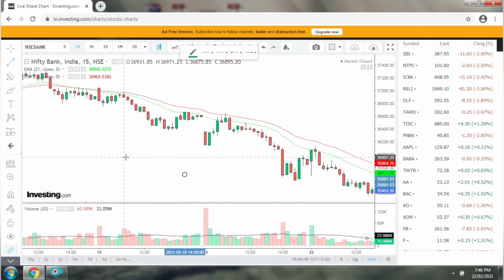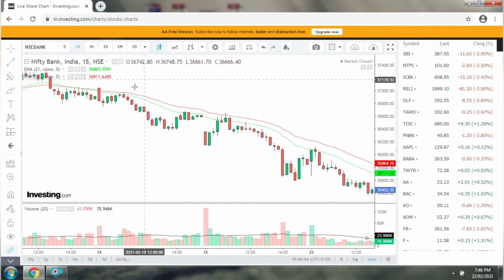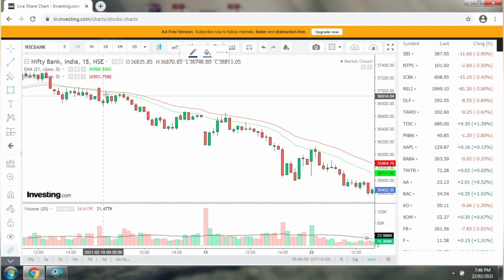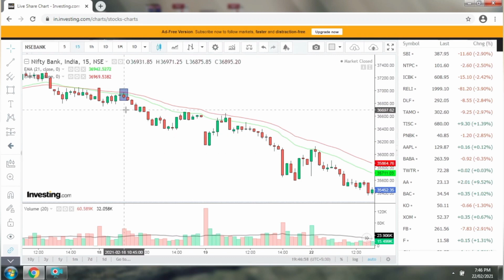It was a clear downtrend, and we are getting multiple rejections from the 21 and 34 period moving average zone, and the band is getting wider. You can see the 21 period moving average is going away from the 34 period moving average, so it is showing that the bearish downtrend is getting stronger.